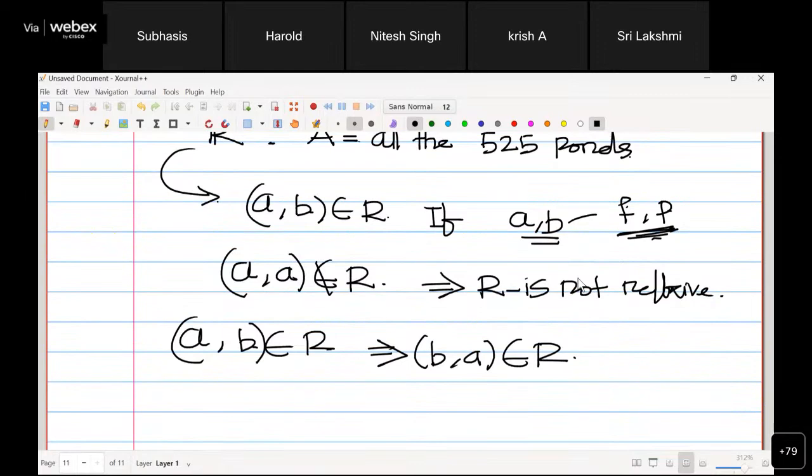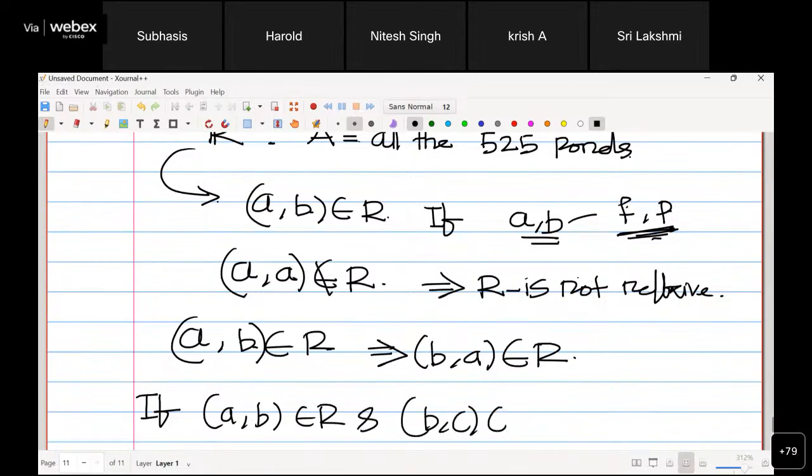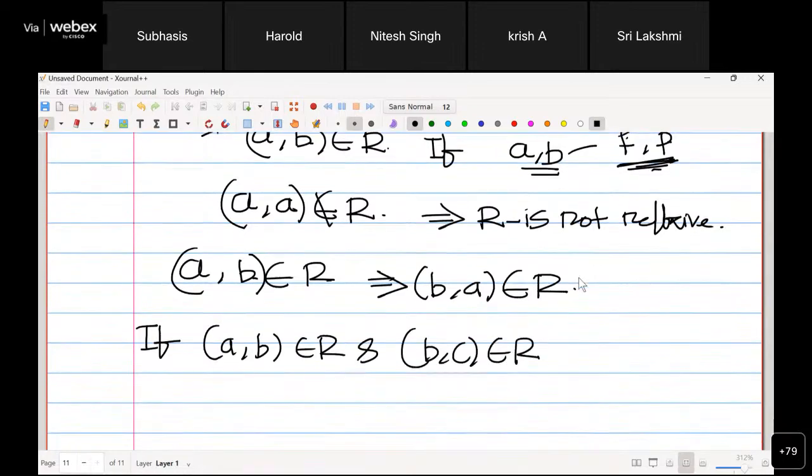Transitive, right? So transitive means if A comma B is in R and B comma C is in R, that basically means A and B are polluted by F and P and B and C are also polluted by F and P. So in particular, A and C are also polluted by F and P, correct?